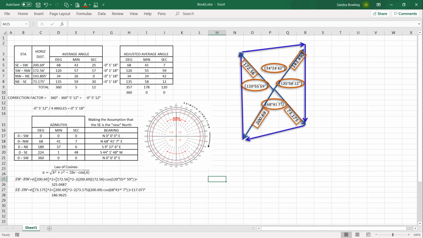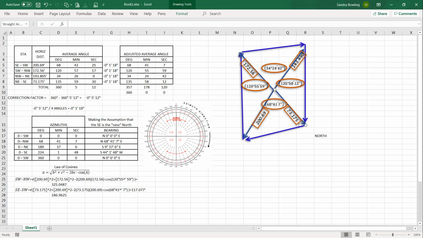So I'm going to say this is 0 degrees. I'm going to turn this angle, and it's going to give me 68 as an azimuth. Over here is my new north, so I'm just going to copy this. This is my new north area, so everything is going to be off of this line.